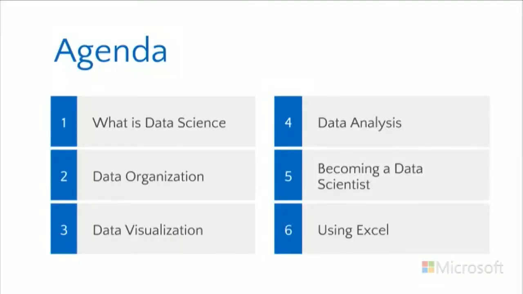We'll talk about why you want to have those basic tools in place and where you can go from there. So with that, let's start off and talk about what data science is. Throughout the rest of the program, we're going to talk about data organization in our next chapter, data visualization, data analytics, how to become a data scientist, and finally, a little bit of a demo on using Excel.